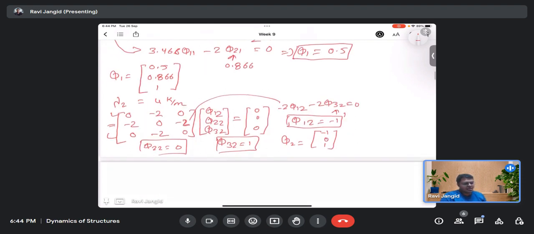Similarly for the third mode shape, you can find out for lambda 3 is equal to 7.464 k by m.